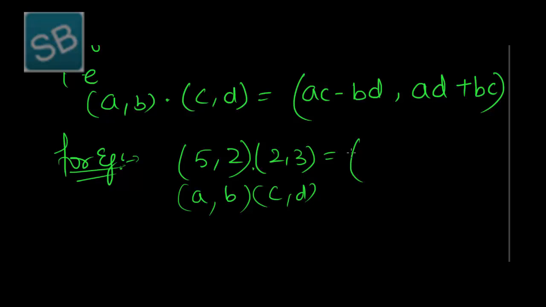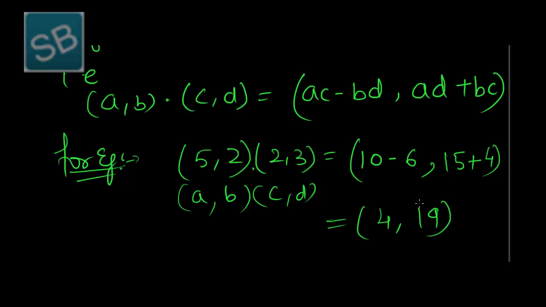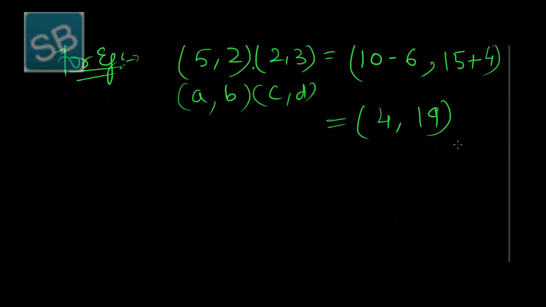So A into C, 5 into 2 is 10, minus B into D, 2 into 3 is 6, comma A into D, 5 into 3 is 15, plus B into C, that is 2 into 2 is 4. So we get a new ordered pair, that is (4, 19). So this is the way we can find addition, multiplication and equality of two ordered pairs. These are basic algebraic operations.